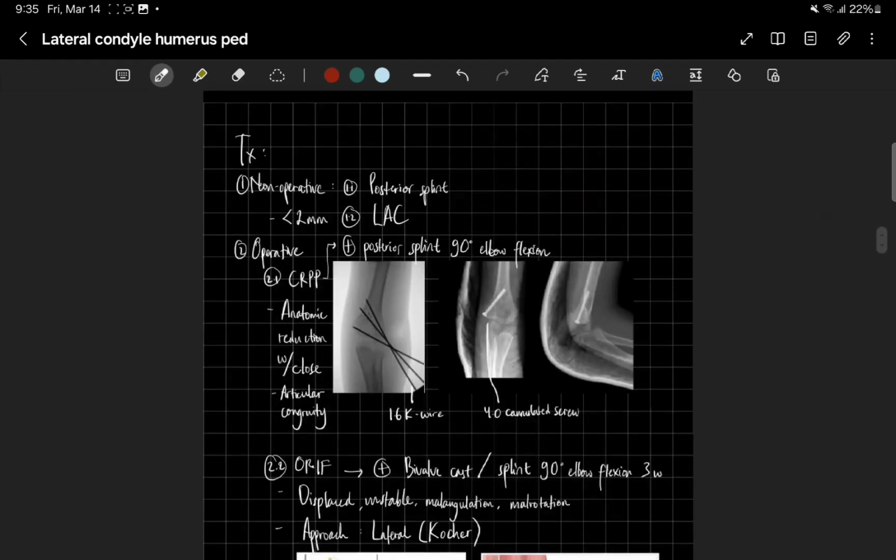The treatment is divided into non-operative and operative, and it depends merely on the displacement of the fracture. If it is less than 2 millimeters, we can treat it non-operatively with a posterior splint or long arm cast with 90-degree elbow flexion.